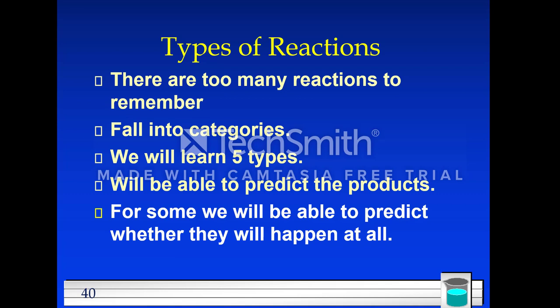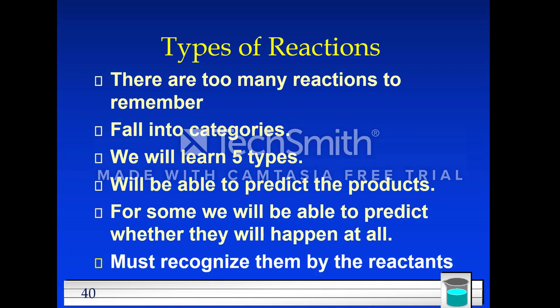And if we're going to predict the products, we have to be able to recognize them from just the reactants. So we're going to have to be able to look at the reactants, and from what the reactants are, tell what kind it is. And luckily for us, the names are really descriptive. If you put the name on it, that tells you what it's going to do.